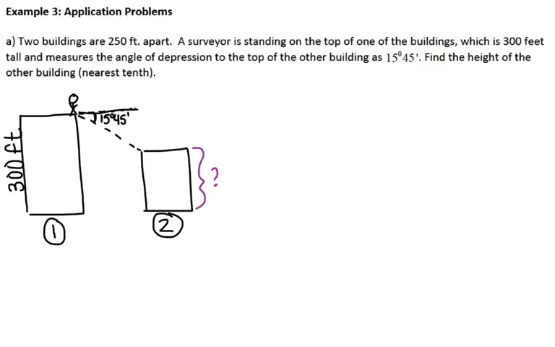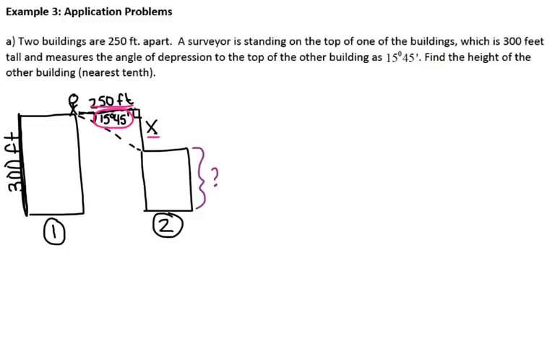So this distance is 250 feet. And if you look, we got ourselves a nice right triangle. So if I know the height of this first building is 300 feet, I can figure out what this is, the difference between the heights, and then just subtract them, and that would give me the height of the second building.